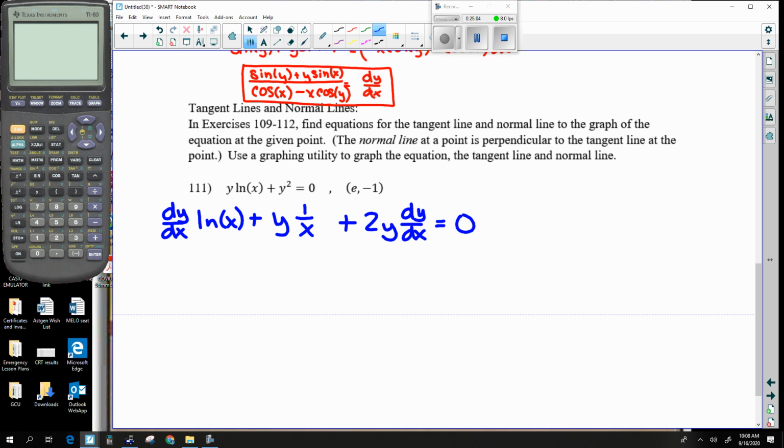All right, so what do I have here? I have ln of x plus 2y, and I have to move the y in the 1 over x, so that's a negative y over x.